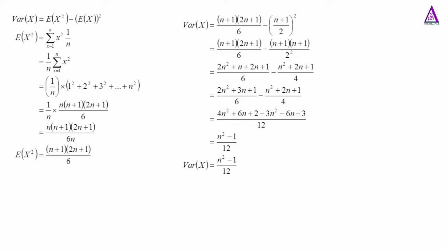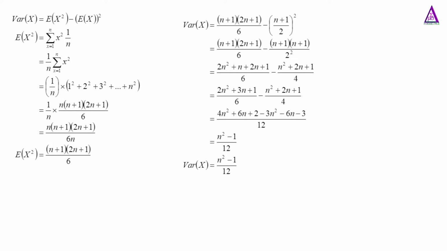And 4 in 12, we have 3. Now use that 3 to multiply n² + 2n + 1, and all the negative we have there is this negative. So we have −3n² − 6n − 3.